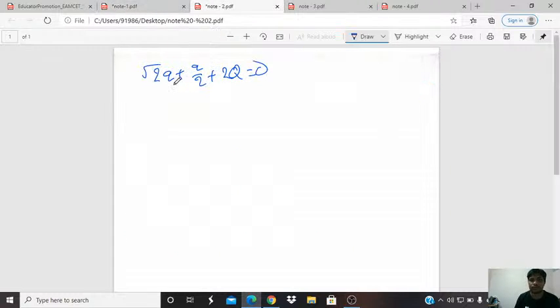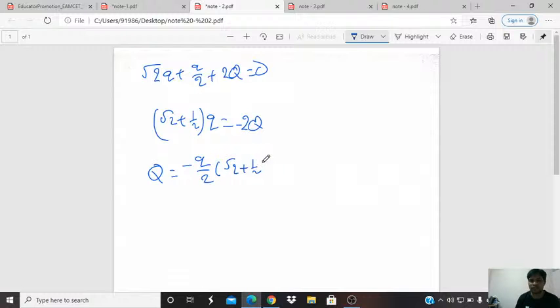Then, see here, root 2 plus 1 by 2 into Q is equal to minus 2Q. So Q equal to, see, 2 will come this side, minus Q by 2 into root 2 plus 1 by 2, or minus Q by 4 into 2 root 2 plus 2. Sorry, 2 root 2 plus 2.